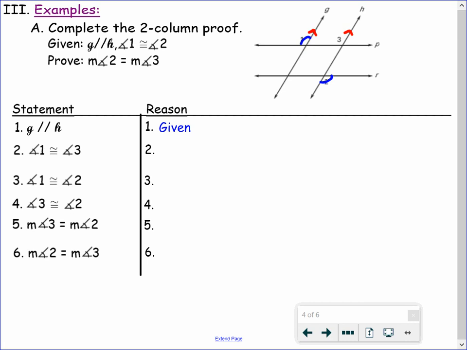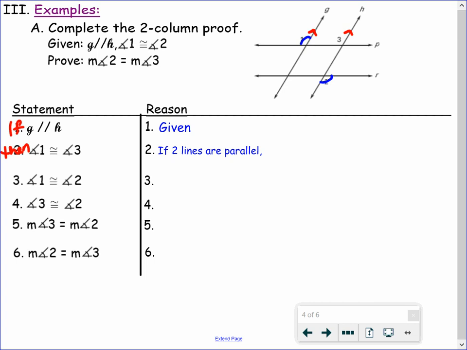So look at your picture, look at angle 1, look at angle 3. And you will notice that they are in corresponding location. So we want to try the if-then trick. If, then. Okay, so if what? Well, we had two lines that were parallel. So if two lines are parallel, you can say if parallel lines are cut by a transversal.